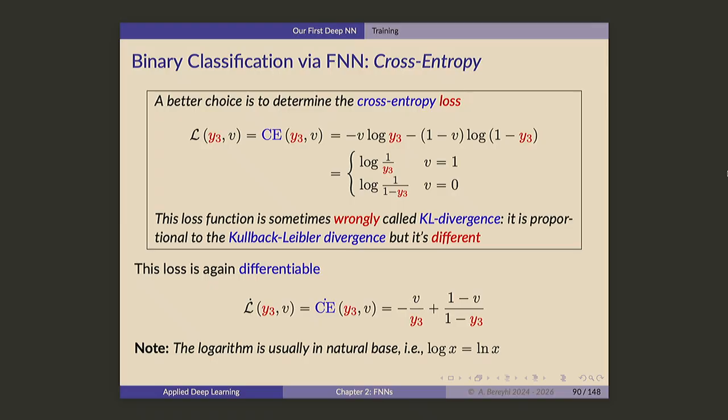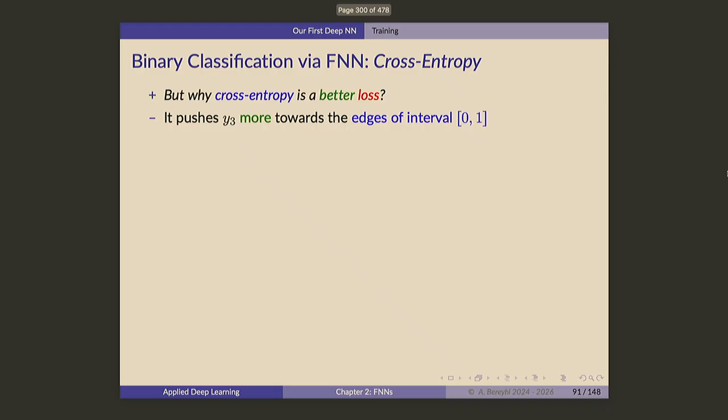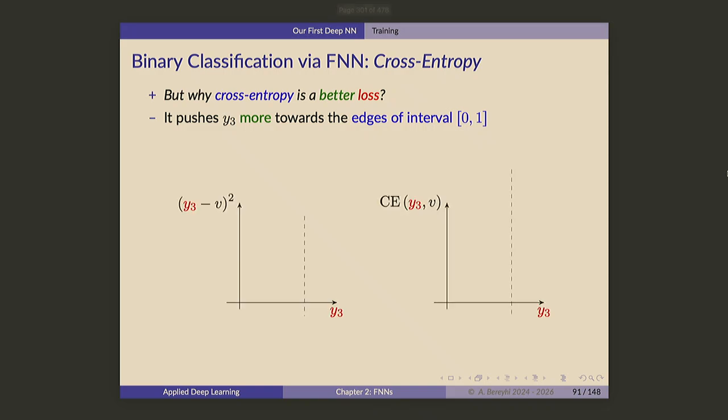Questions? Everybody's cool with cross-entropy, right? This is the one you always use for classification. Now, why do we do it in practice? Computationally, it shows us better gradient behavior. To see this, let's compare the squared error to the cross-entropy. I have a given value v, the true label, and I am thinking about how y3 could change.